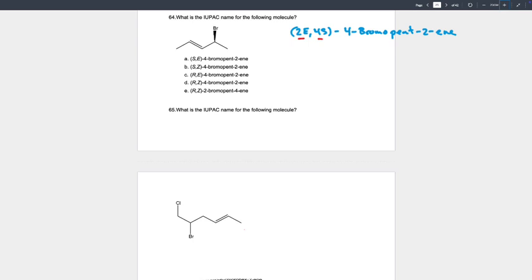But since I know how to name it from a multiple choice standpoint, I can quickly go through and say, well, it isn't R, so those are wrong. So I'm looking at A or B. Within A and B, I know it was an E configuration. Oh, so it's A. Did I need to know it was 4-bromo pent 2-ene?